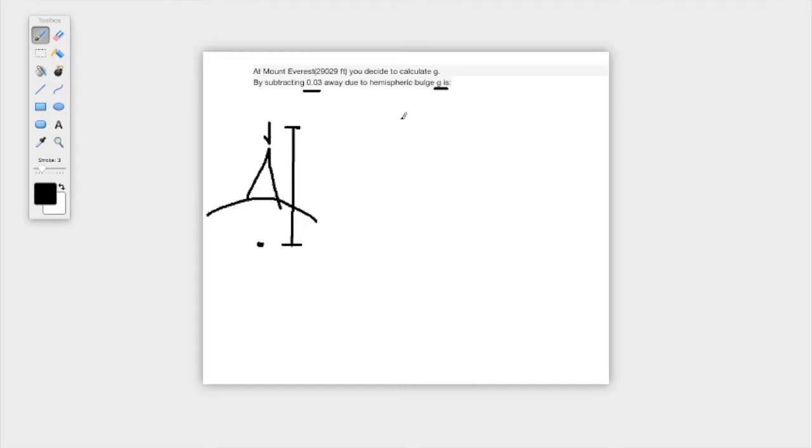But we do know that you have a certain weight on Earth, which is the same thing as the force of gravity. So Fg equals mg. But the force of gravity also is this equation. Since both of these describe the gravitational force, or better known as weight, we can find the gravitational field by setting these equal to each other.